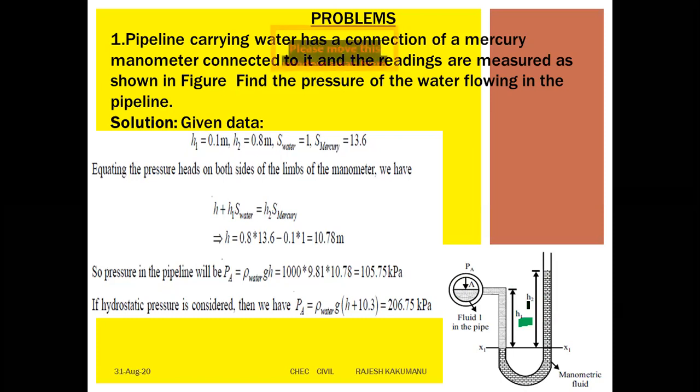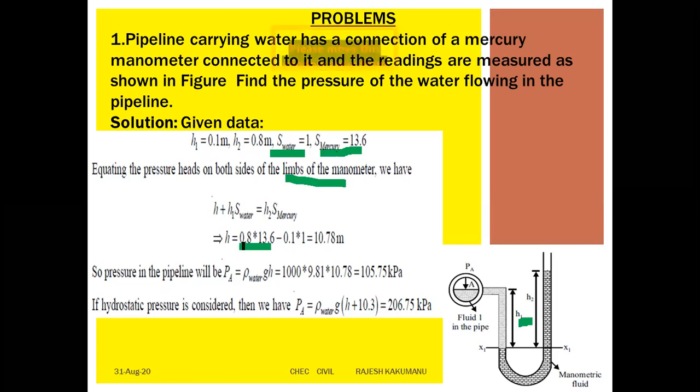Specific weight of water is equal to 1. Specific weight of mercury is equal to 13.6. Now equating by taking the formula, h of S water is equal to h2 S mercury. We have h plus 0.1 into 1 equals 0.8 into 13.6.